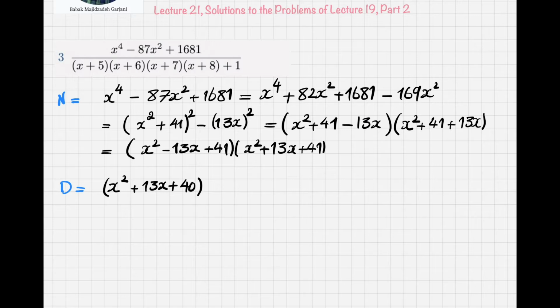I do the same thing for this product, so it means that I need to raise the common term to the power of 2. Then I need to add these two numbers, which becomes exactly 13, and that was the reason that I took these two together and these two together. So it gives me 13x again. And then of course I need to multiply 6 by 7, it becomes 42.